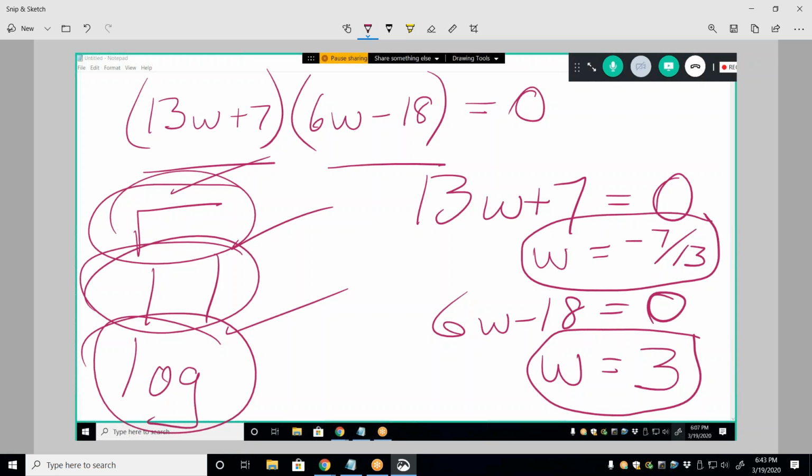So that's what makes one of the solutions extraneous, is what they call it. Remember, the rule says that if two things are multiplied together equals 0, only one of them must be 0. It doesn't say they both have to be 0. In this case, they both are 0. And both of these solutions work.